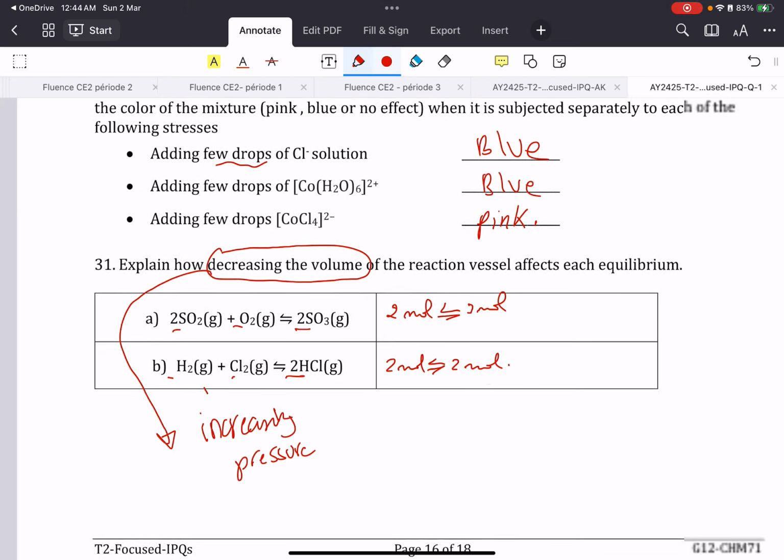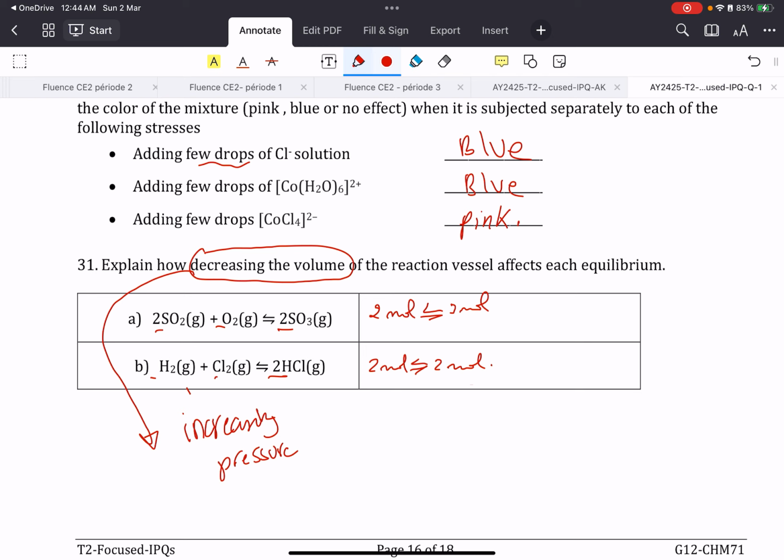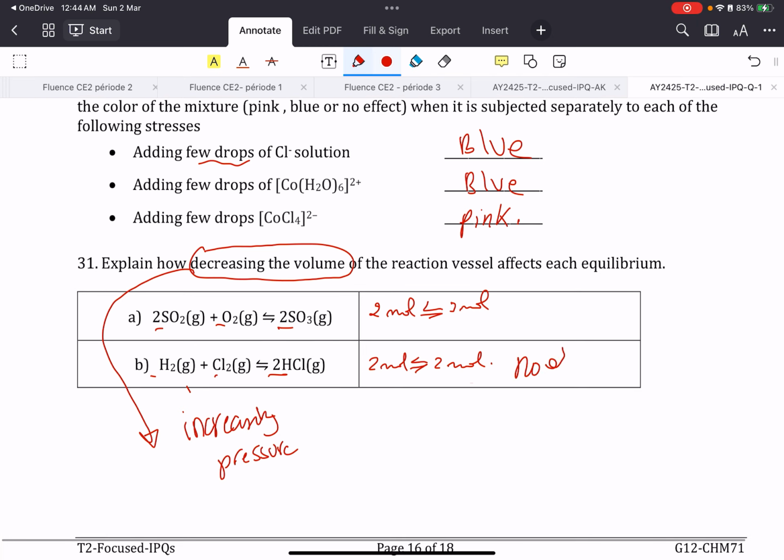So in the second one, no matter what you do, whether you increase or decrease the volume, increase or decrease the pressure, it has no effect on equilibrium. So no shift. For the first one, decreasing volume means increasing pressure. So the equilibrium will shift to the side that has fewer molecules, and that is towards the right.